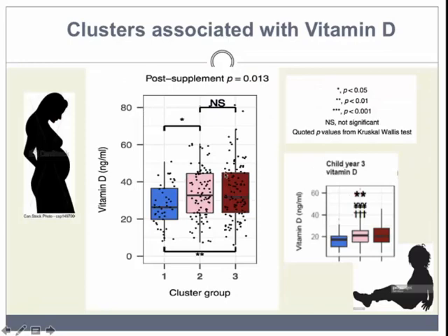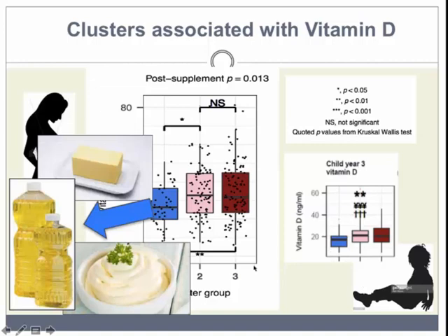The other thing we noticed about group 1 was that it was associated with the lowest amount of maternal vitamin D during pregnancy, and the lowest amount of vitamin D in the levels of the children. So here what we see is cluster 1 is this group of low vitamin D supplementation and really high markers for metabolites that are indicative of inflammation.